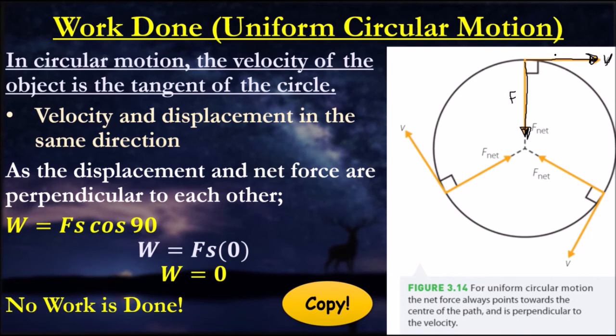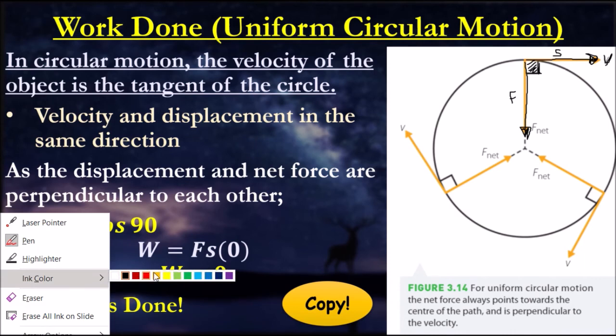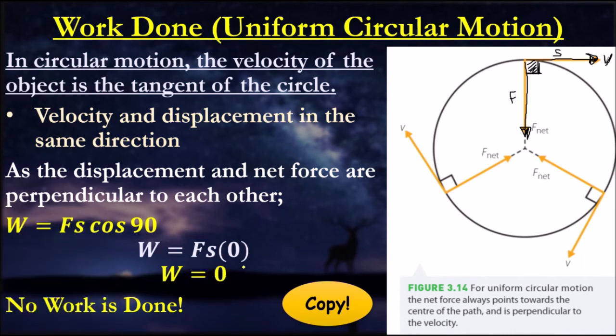Again, force and displacement are perpendicular to each other. So if an object is going through circular motion on a directly horizontal plane, then work done is 0. I need to make that very clear: that's only if we're on a horizontal plane.